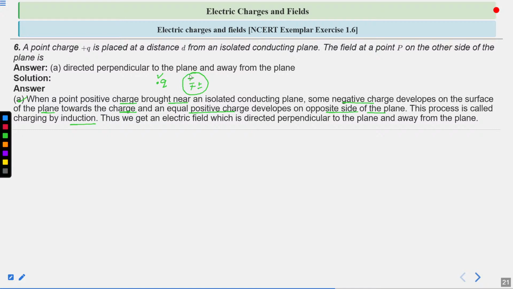In that case, the charges are separated. So negative charge move towards the positive charge on LHS side, whereas positive charge on RHS side. Yes or no? So this is the charging by induction. Thus we get an electric field which is directed perpendicular to the plane and away from the plane. Clear?